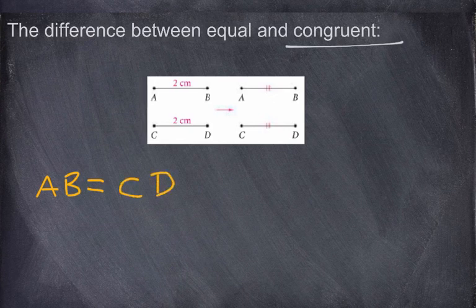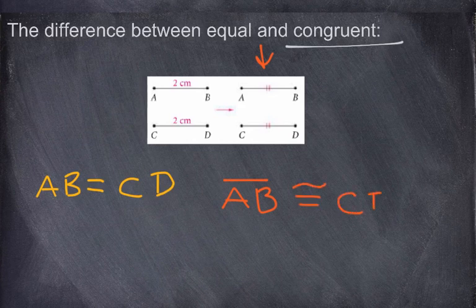Now you have to be very careful on how you write that, because on the right side here, it doesn't tell us number values, but it does give us markings. Here AB has 2 marks and CD has 2 marks. So what it's saying is that they're congruent to each other. So the way we would write that is we would say segment AB, with the segment symbol over it, is congruent to segment CD.